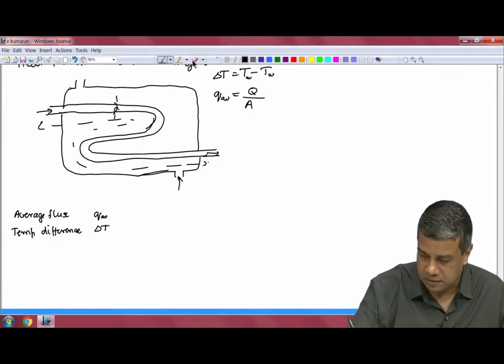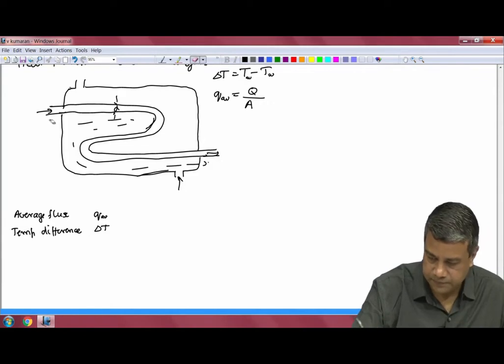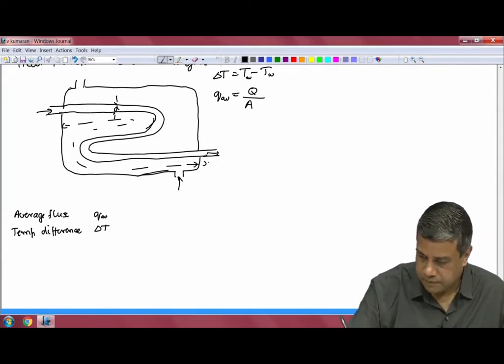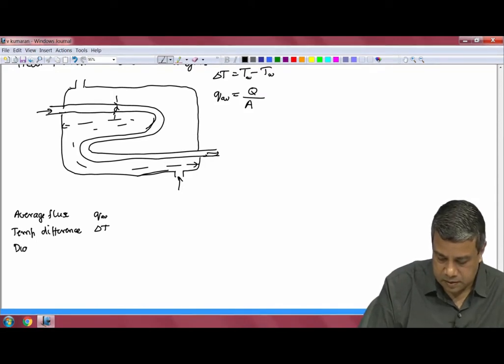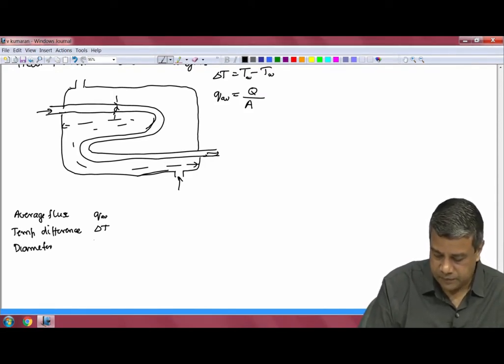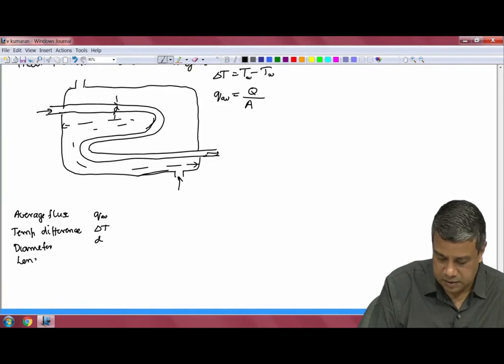It should be the length only within the heat exchanger.